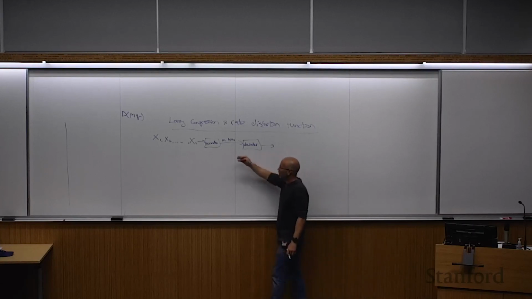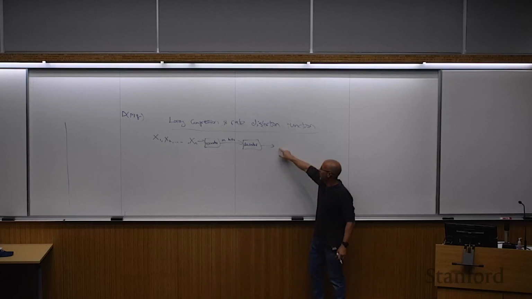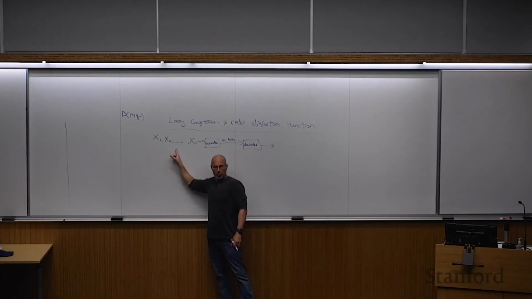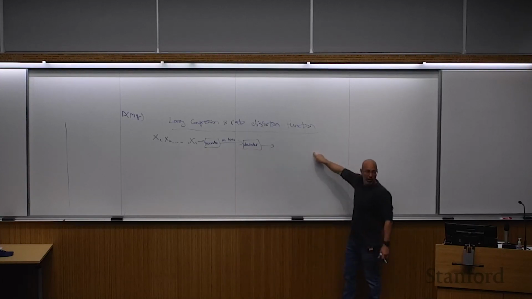When we talked about lossless compression, the decoder was required to come up with exactly the original data. So we would require exactly x1 up to xn.